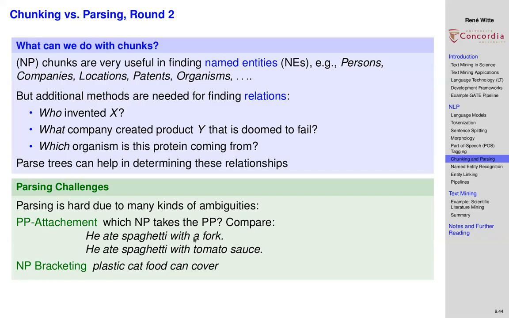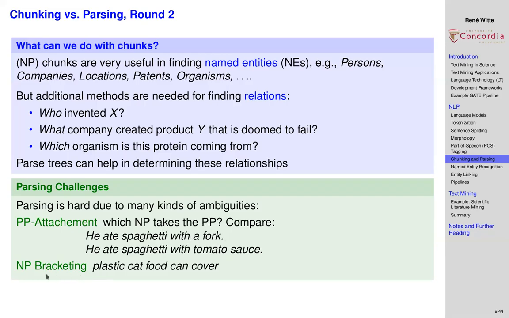He ate spaghetti with a friend, he ate spaghetti with hunger. The syntactic structure is always the same, but the way you have to parse the sentence, where you have to attach this phrase, you attach it to he, you attach it to ate, you attach it to spaghetti, is different. So this is extremely difficult, to find the proper attachment.